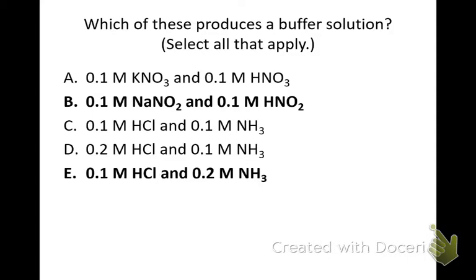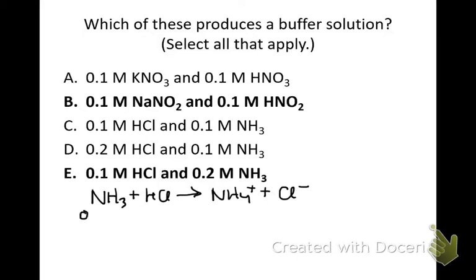And then the one you might not have expected is 0.1 molar HCl and 0.2 molar NH3. So in this reaction, the NH3 can react with the HCl completely to form NH4+ and Cl-. Okay, so you see here that NH3 and NH4+ are a weak base and its conjugate acid.